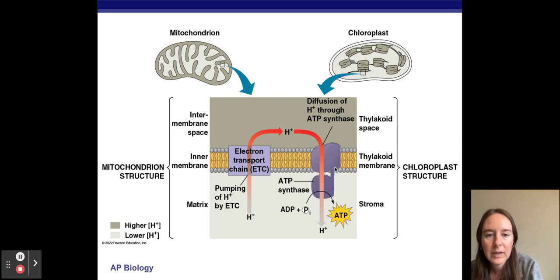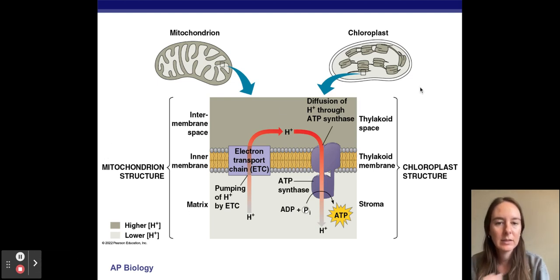And we were using ATP synthase to diffuse these hydrogen ions into the mitochondrial matrix, this lighter space here, to make ATP. And we got these hydrogen ions into the intermembrane space by using the electron transport chain. So the purpose of that electron transport chain is to use the energy of electrons to shuttle hydrogen into the intermembrane space. So that was in the mitochondria.